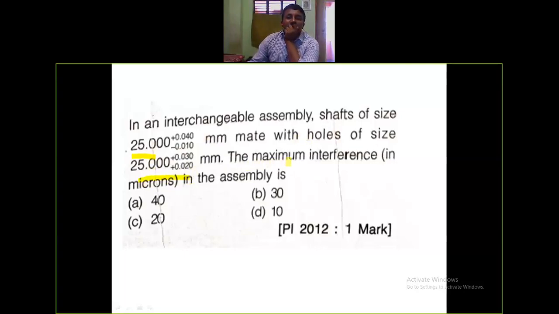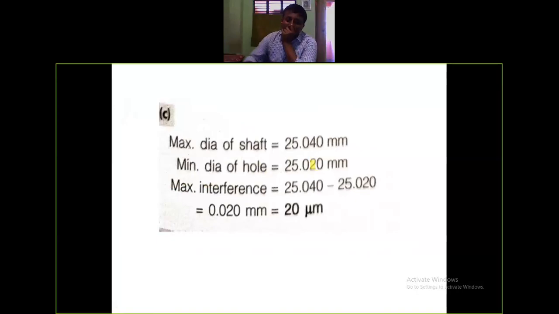In order to get the maximum interference, you use the upper limit of the shaft and the lower limit of the hole, that is, the maximum diameter of the shaft and the minimum diameter of the hole.